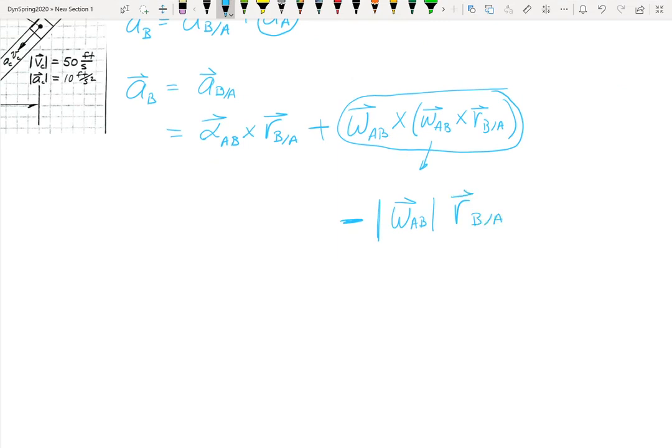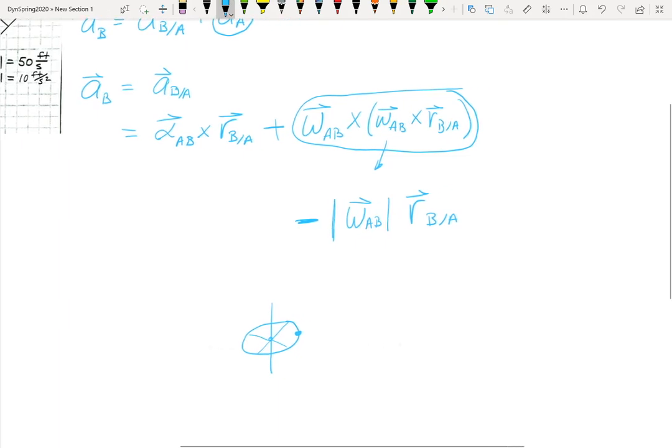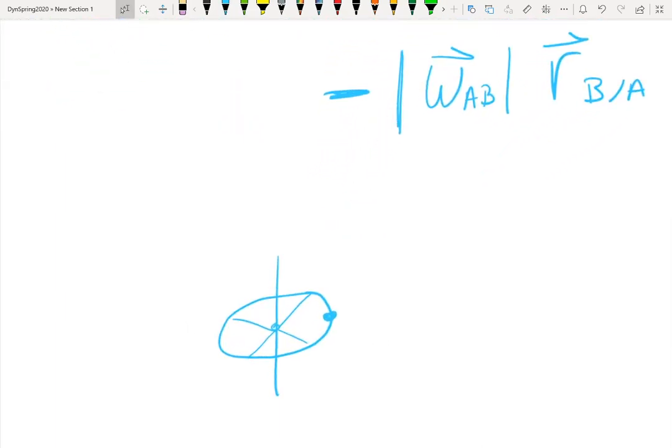Now, why is that? I can take a quick look back, but we talked about it in class. If you take, say, an object, let's say a disk, that is rotating, here's your disk, and let's say it's rotating in this direction.